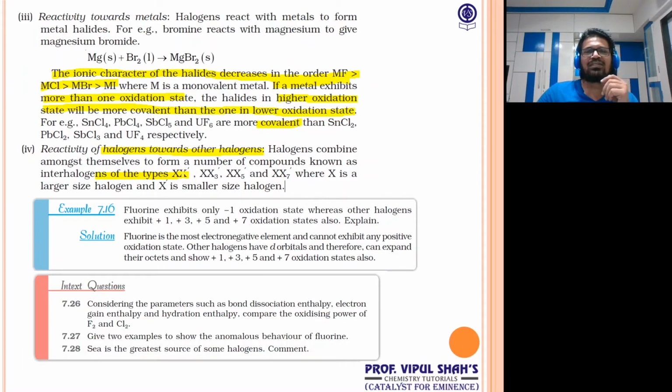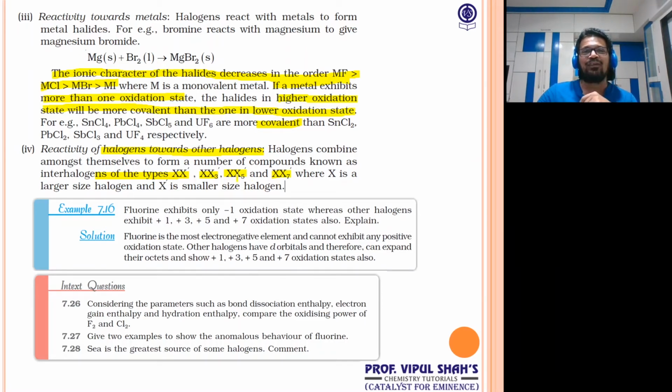So like we can have ClF, chlorine monofluoride, XX'3, ClF3, chlorine trifluoride. Then XX'5, that is BrF5, bromine pentafluoride, and XX'7, if you recall, IF7, iodine heptafluoride, sp3d3 hybridized, pentagonal bipyramidal geometry.